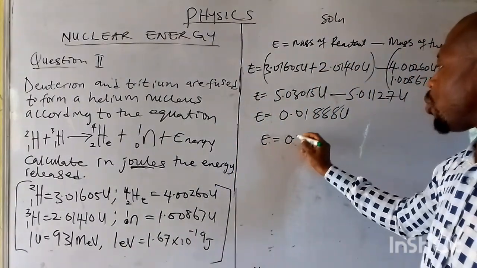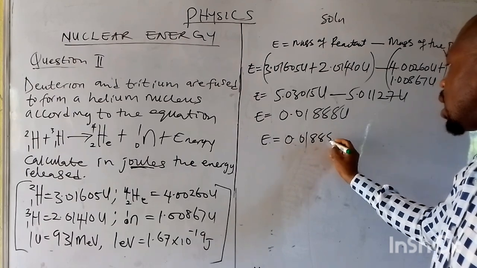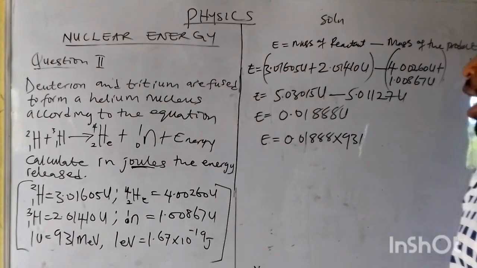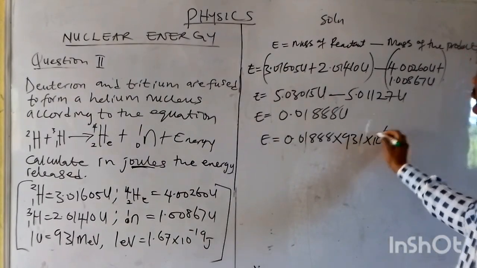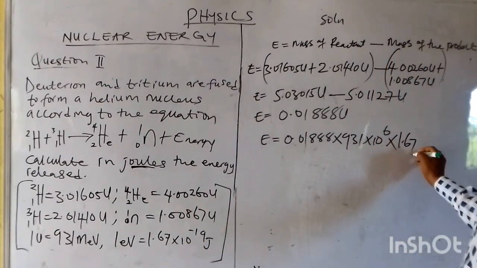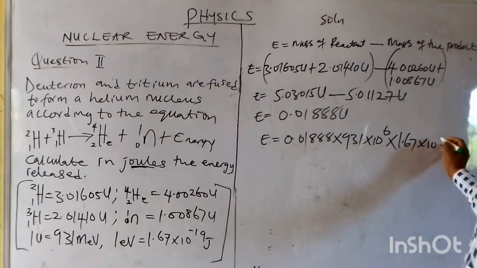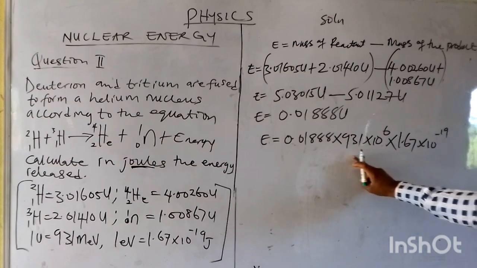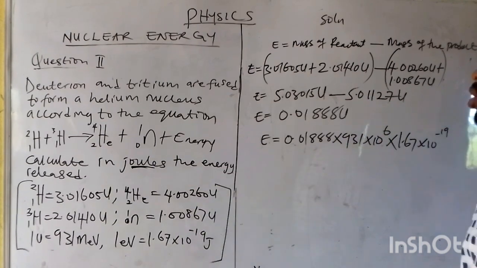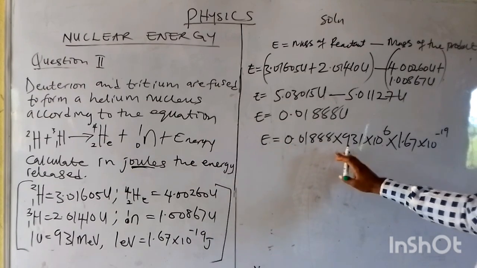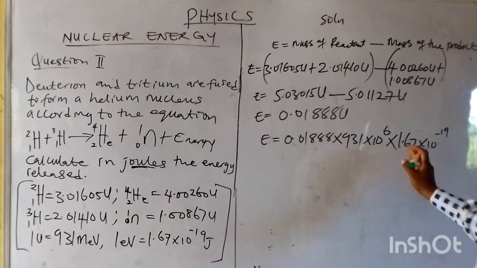We now have 0.01888 times u, 931 mega. That mega means times 10 raised to the power 6, times 1 electron volt, which is 1.67 times 10 raised to the power minus 19. As usual, multiply the bases first and then add the index numbers. If we multiply the bases, we now say 0.01888 times 931 times 167.